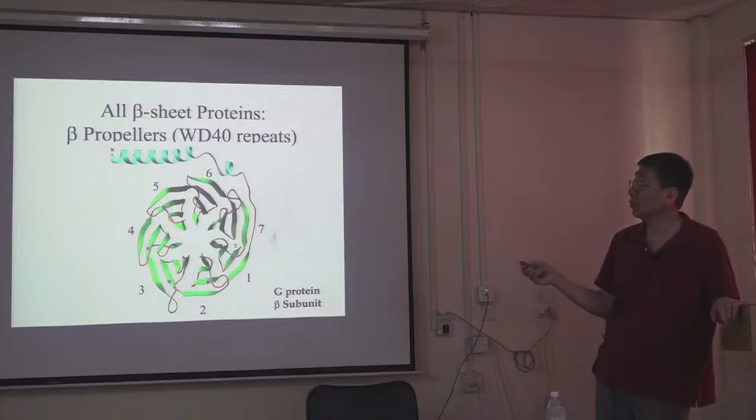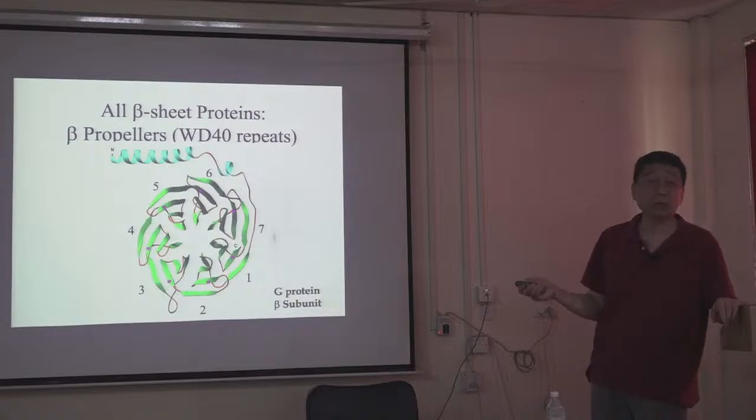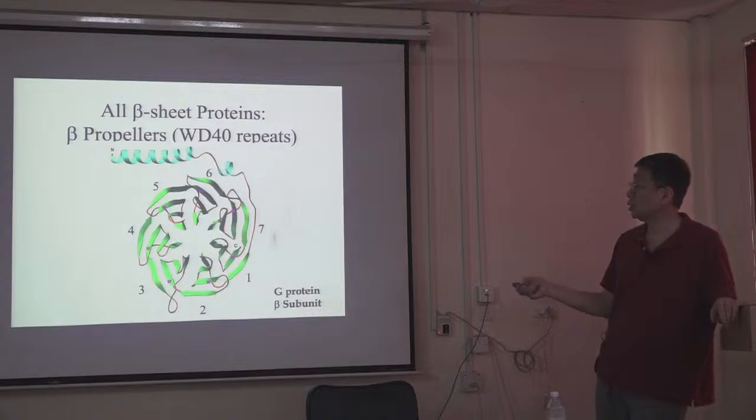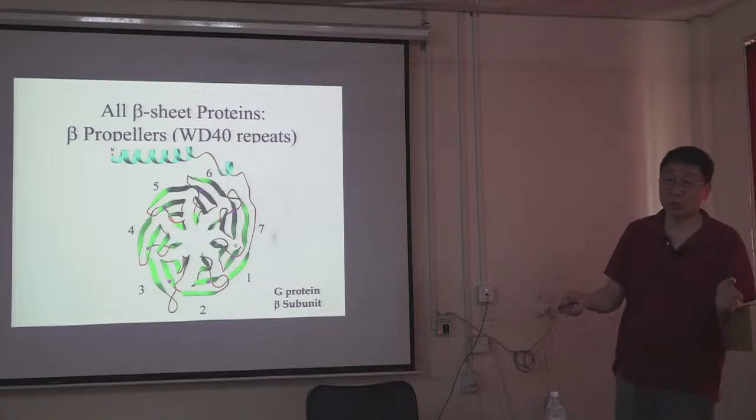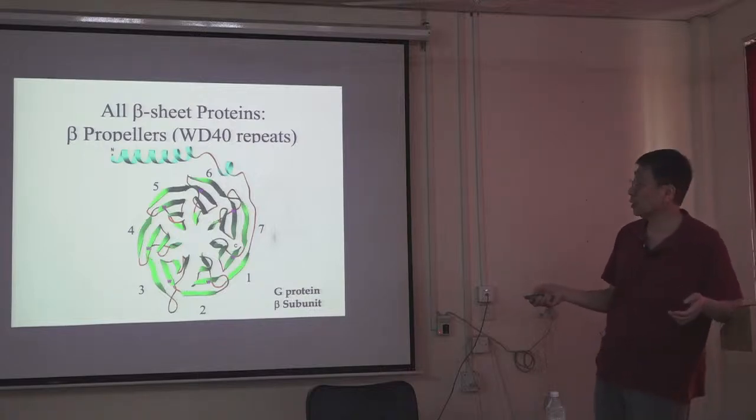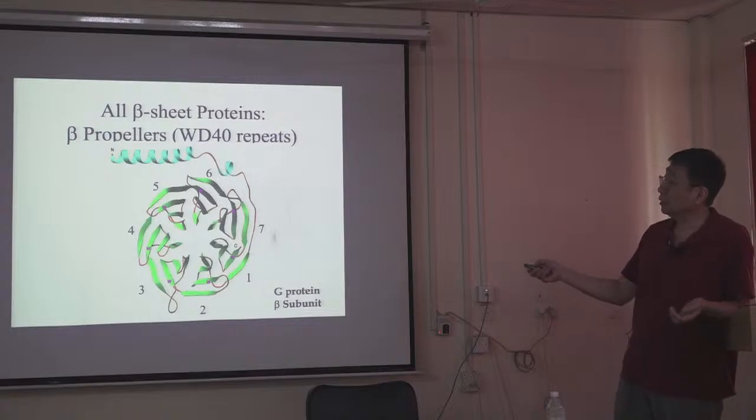Third example, something called the beta propeller. Okay? And this is also a very popular fold in nature. This structure specifically comes from G protein, the beta subunit of G proteins. We'll talk about G proteins on Friday, so you'll hear about this a little bit more. Again, the structure starts with the helix.